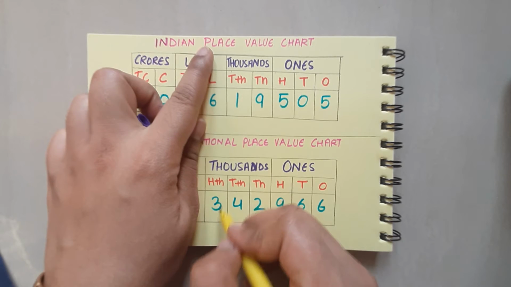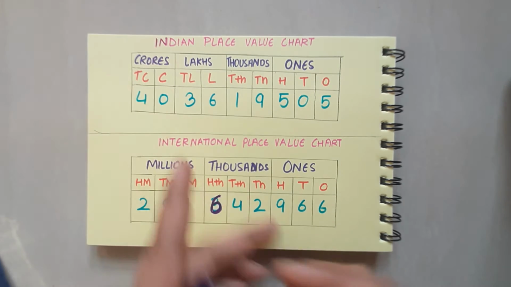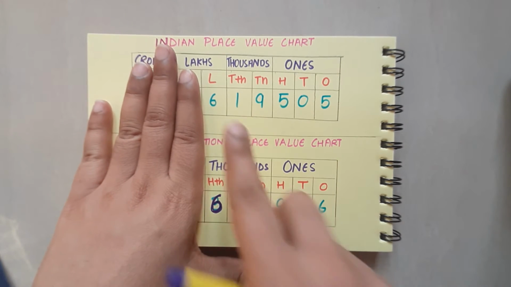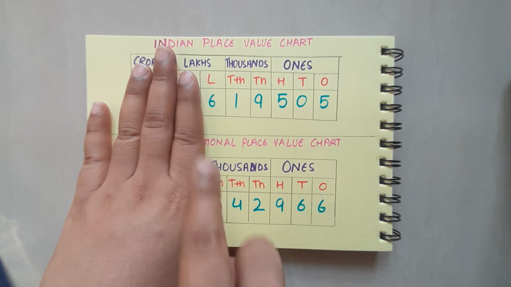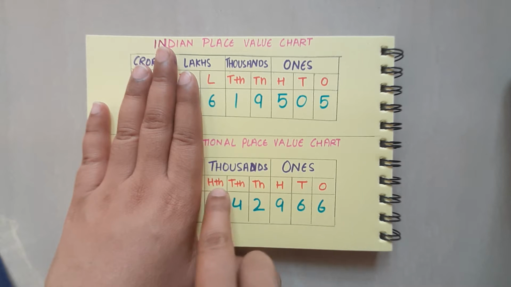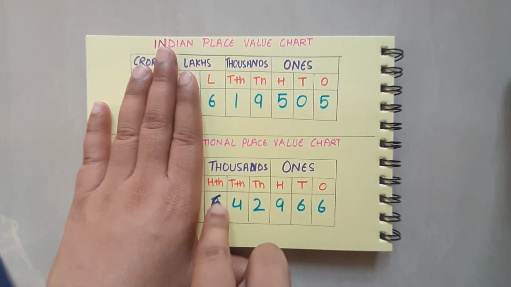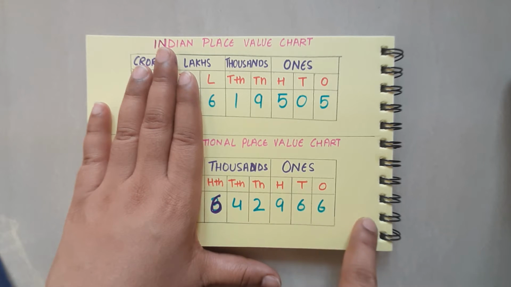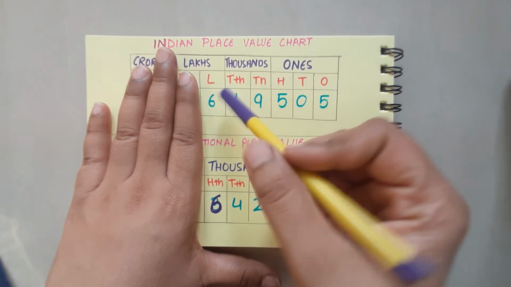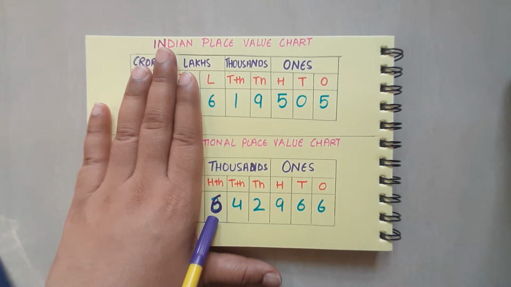Let me just write it down, it will be more clear to you. So this is 6 lakh, right? But in the international place value system, since it is at the 100,000s place, it will be 600,000. So I can say that 1 lakh equals 100,000.